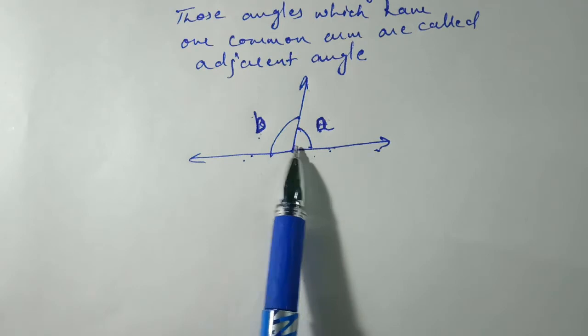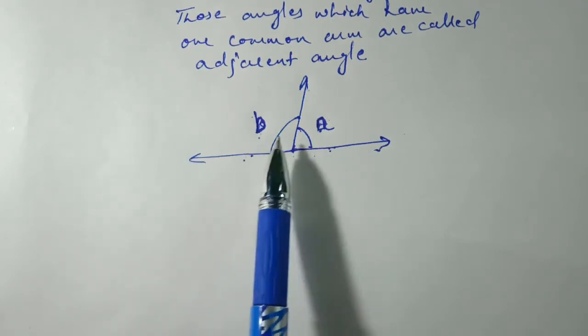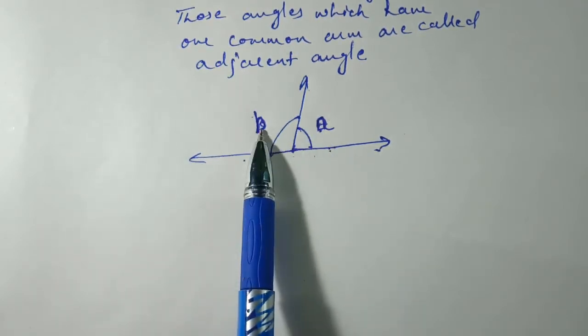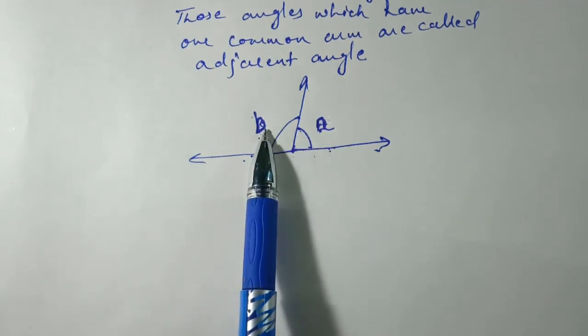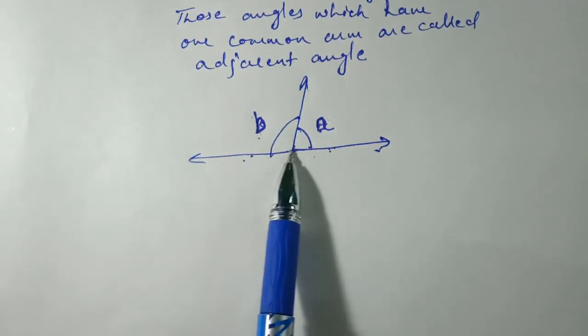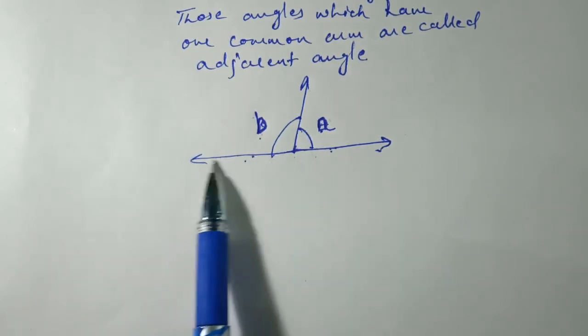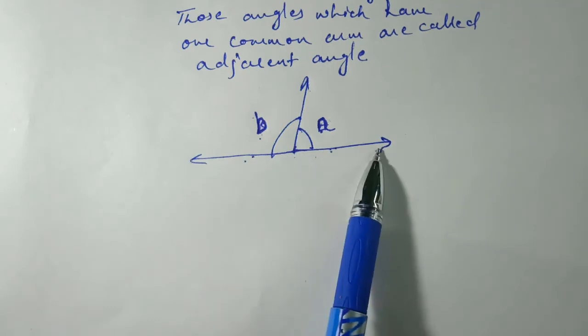So if you find such a type of adjacent angles, then these adjacent angles are said to be forming a linear pair. Why are they forming a linear pair? Because these non-common arms are forming a straight angle, a straight line.